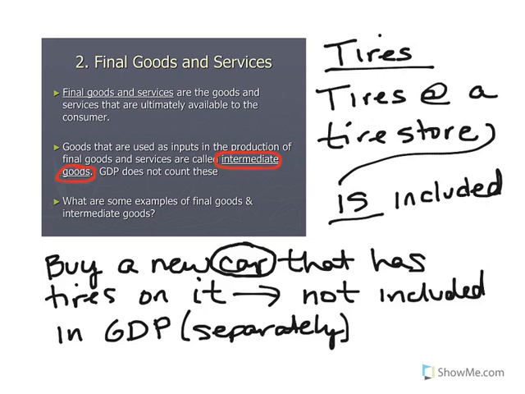Intermediate goods are the goods that firms use in the production process, and so those are not included in GDP. It is only the goods that are actually sold to the consumers. So we'll look at an example so that we can see how if you included the value of intermediate goods, it would actually make it look like we're producing a lot more than we actually are.